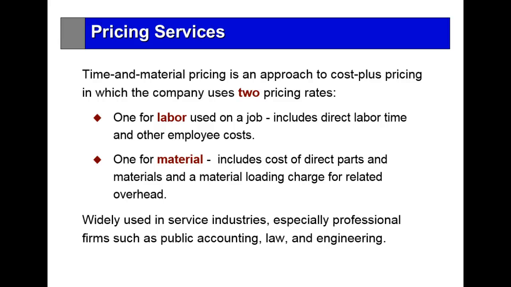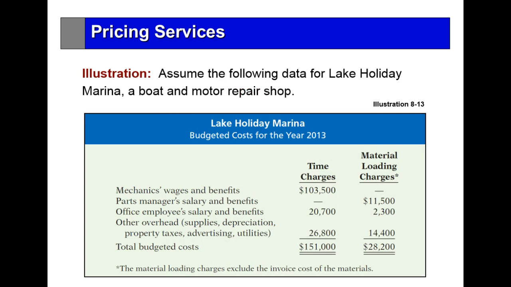Time and material pricing is an approach to cost plus pricing in which the company uses two pricing rates. One is for labor used on a job and one is for materials. This gets used in service industries such as accounting, law, and engineering firms. So for example, the following data for Lake Holiday Marina: the mechanic's wages and benefits are $103,000.